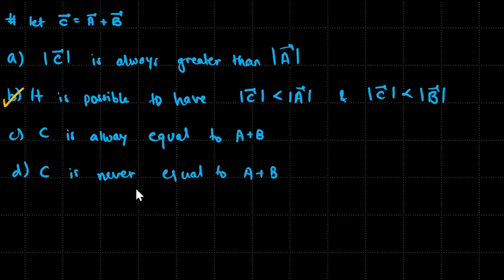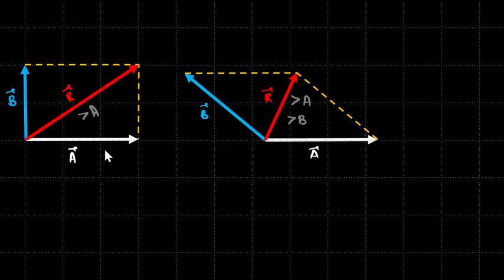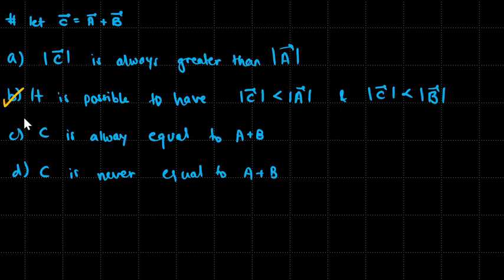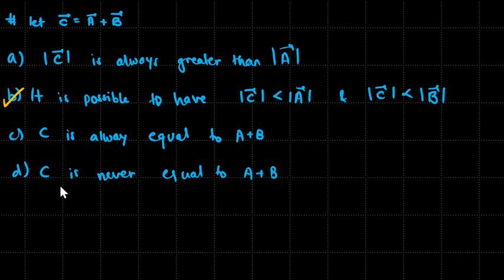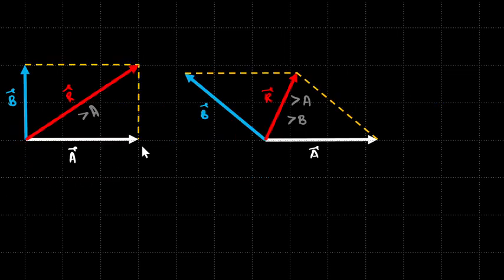And C is also not possible, since it says C is always equal to A plus B, and in both of these two cases I don't see that it is equal to A plus B. Also, C is always greater than B, and C is always greater than A, are also wrong, since in this case C is greater than A. So the only thing that we need to prove is that C is never equal to A plus B, and I think that is pretty easy to prove.